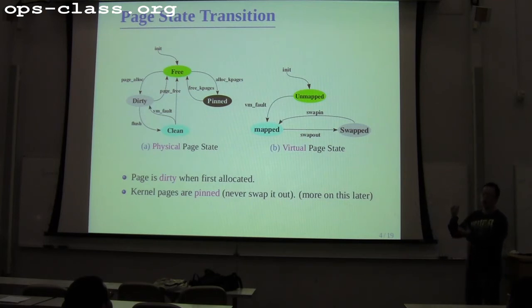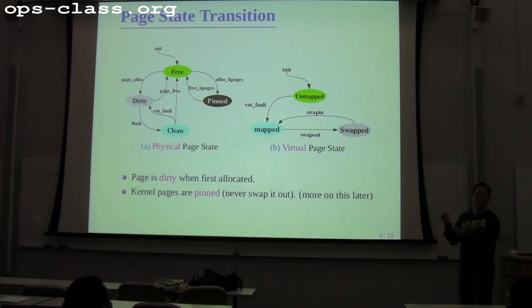You definitely need to change the page table to indicate that this page has been swapped. That's one thing you need to do. What about the underlying physical page? Its status has to be one of dirty and clean. It cannot be free, and it cannot be pinned because it's a user page. So what happens to the physical page?